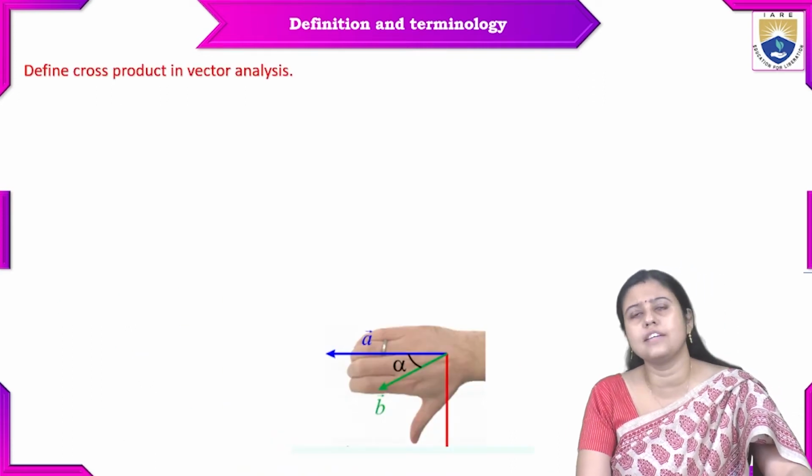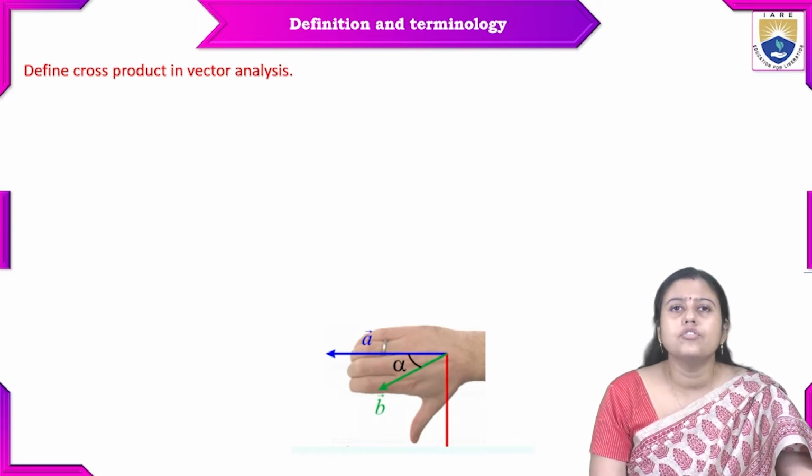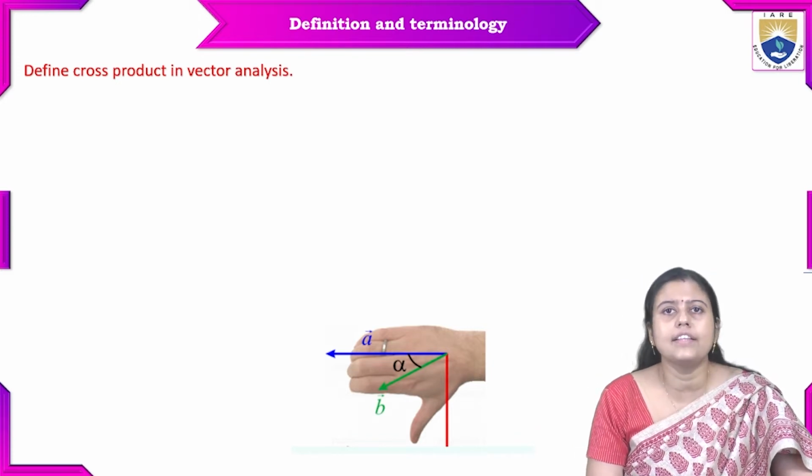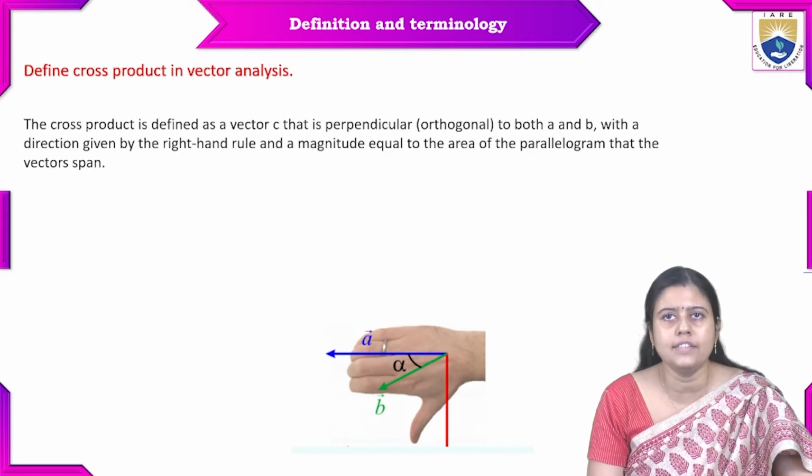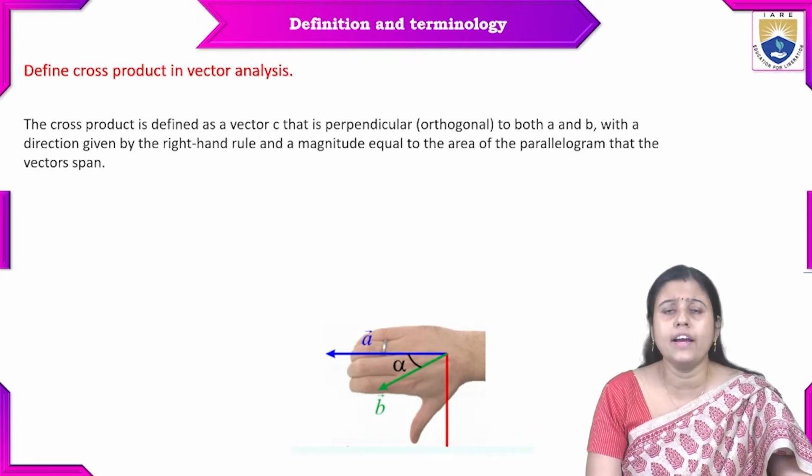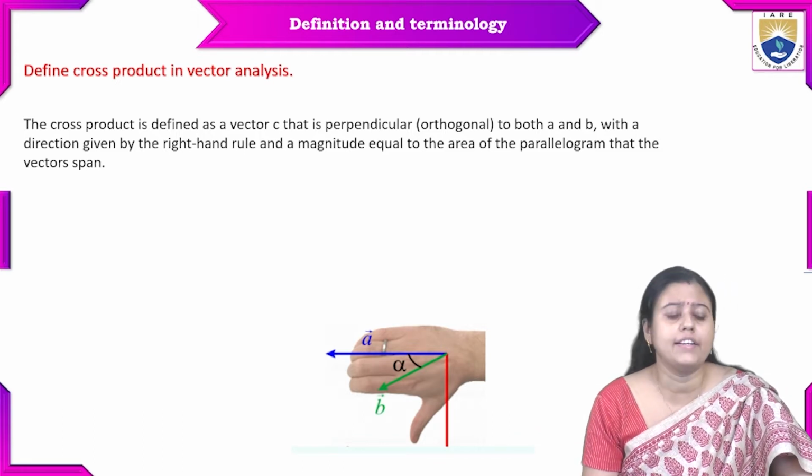Now, we will discuss the cross product. Unlike the dot product, cross product is a multiplication of two vectors and the result is in the vector domain.